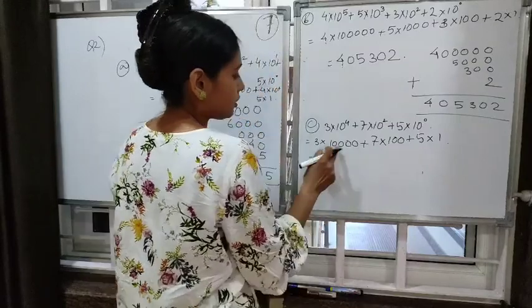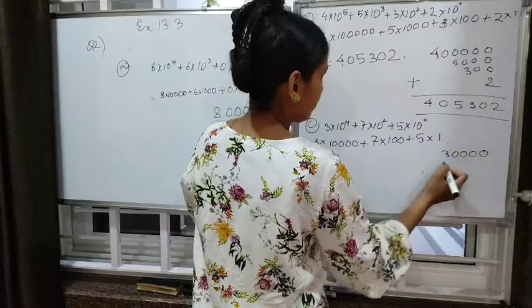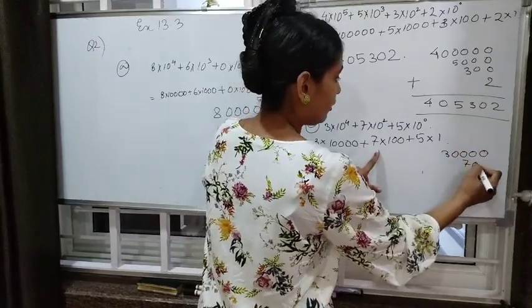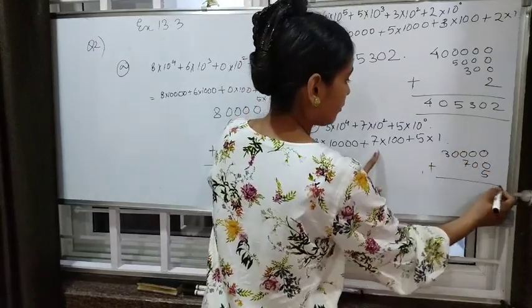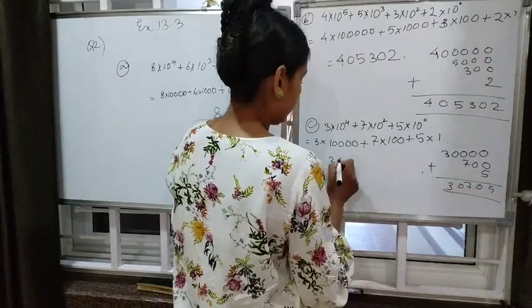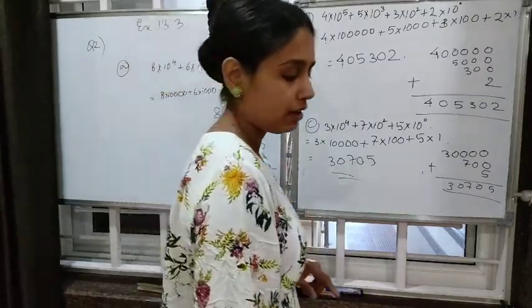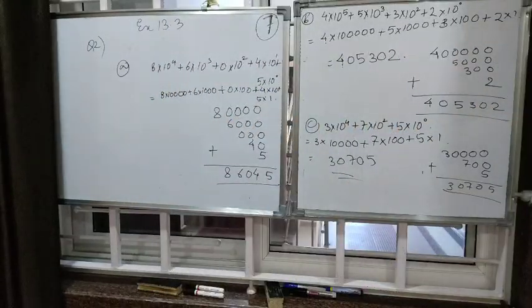So this gives us 3 into 10,000, that is 30,000, 705. So the answer is 30705. This completes the C part. Okay, children, if you want, you can do D as homework.